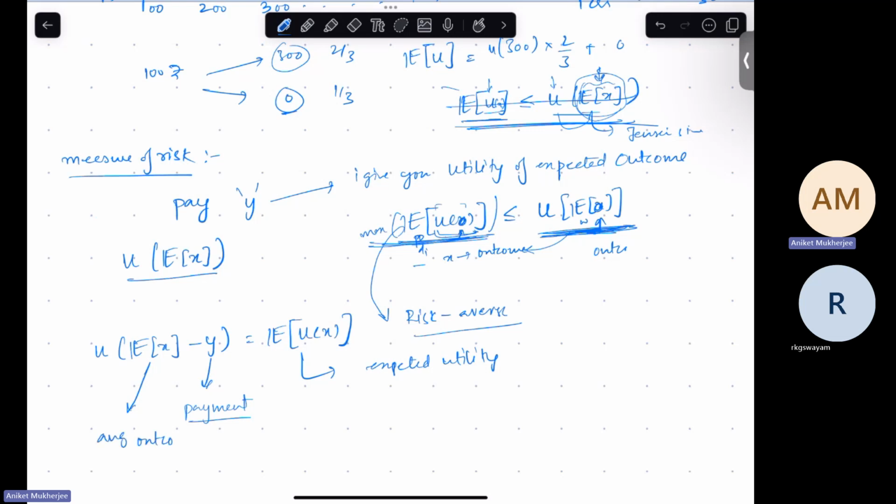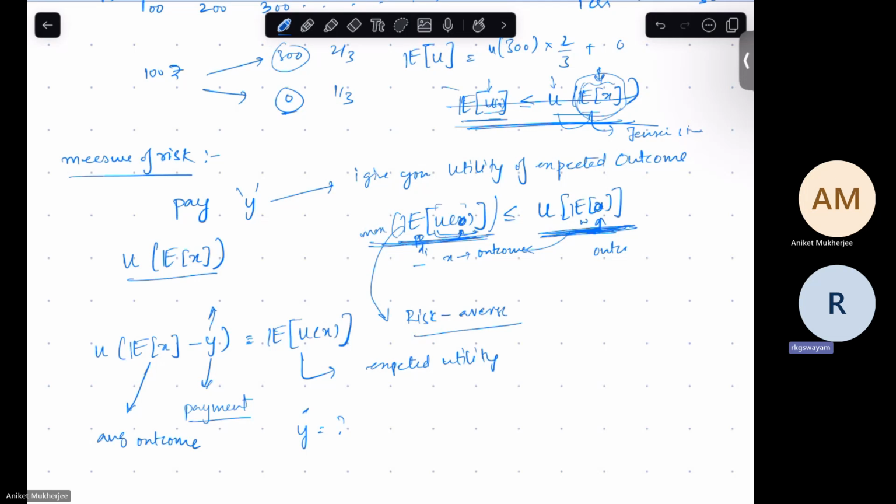You're making a payment to just get the average outcome. You subtract y, and then you come up with what this y is. This y gives you the measure of risk.